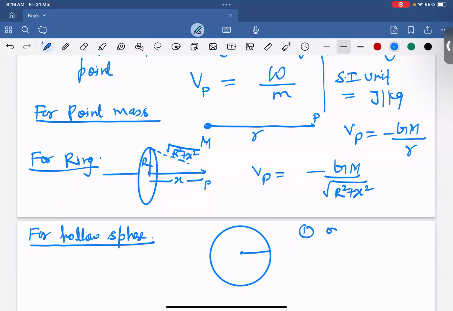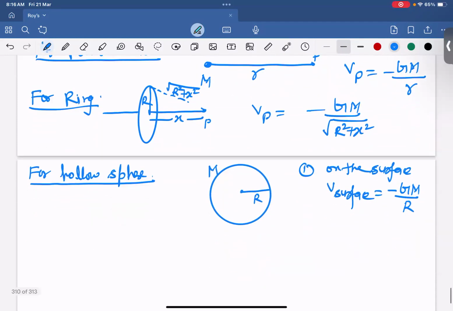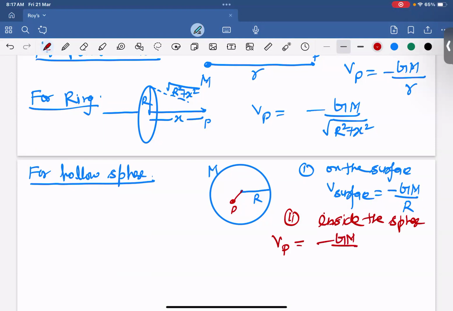If I say on the surface, if there is mass M and radius R, then potential on the surface is minus GM by R. If you take any point inside the sphere, let's suppose I want to find here, this is the point P, then you can see VP is the same as whatever is on the surface, minus GM by R.